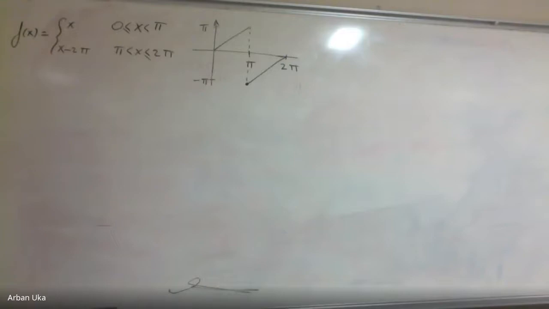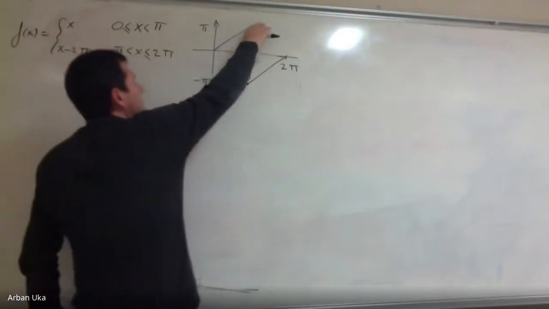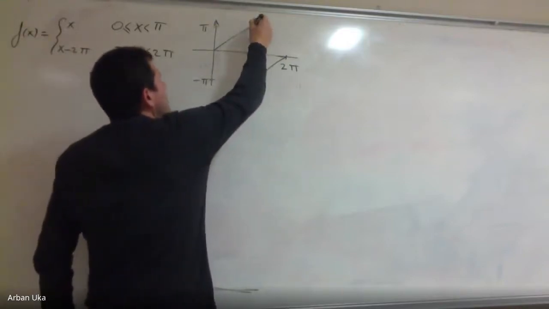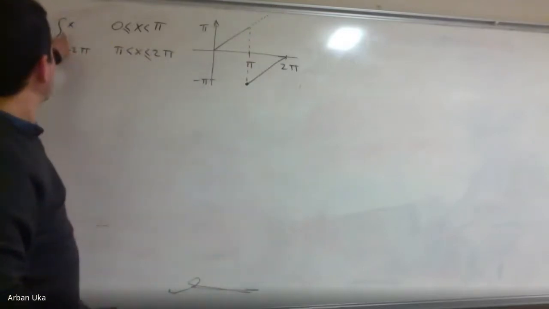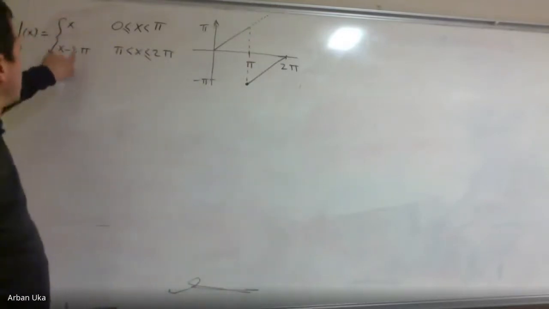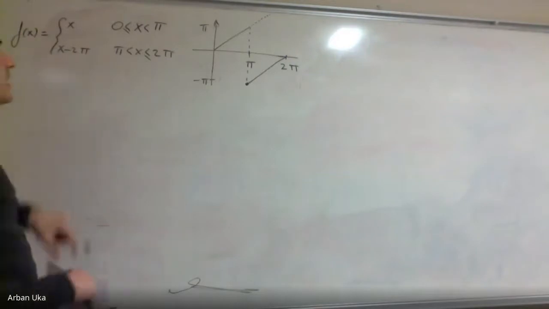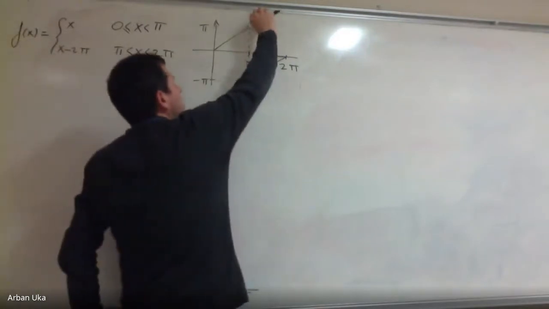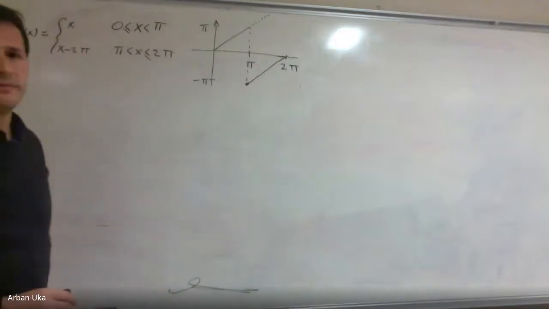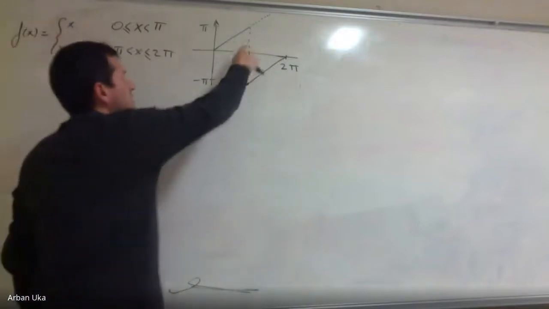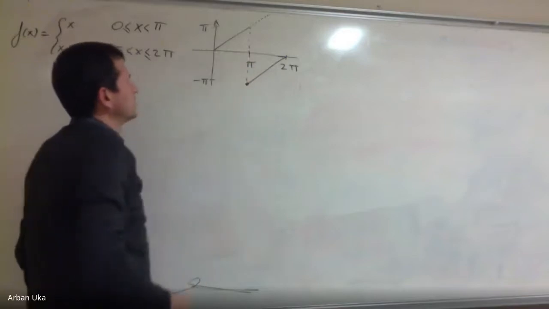Because this is x minus 2 pi, it is the same function. This would continue initially like this, right, if we had f of x equal to x. But the moment that we subtract 2 pi, imagine you are just finding this line immediately down here. So this is our function, okay? This is the function, and let's notice that this is not continuous.